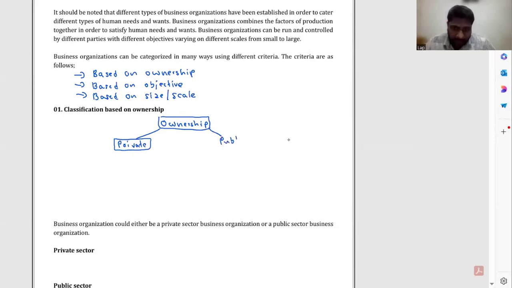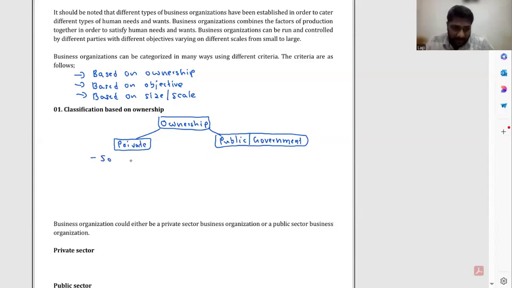That means government. Government owned businesses are public, and privately owned businesses are private. Now here I'll give you certain examples. Each and every example we will be learning later in depth. Just write down these examples.